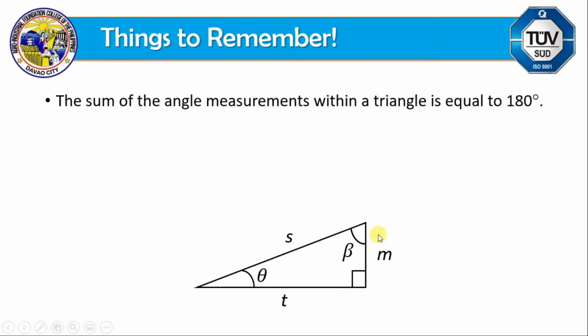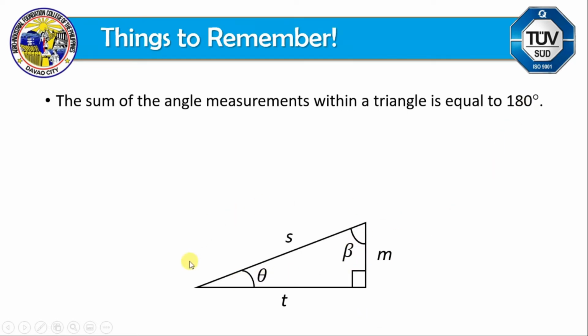First and foremost, the sum of angle measurements within a triangle is equal to 180 degrees. So kahit anong klaseng triangle to, whether it's a right triangle or an oblique triangle, the sum of the internal angles, yung angle na nasa loob ng triangle, is equal to 180 degrees.